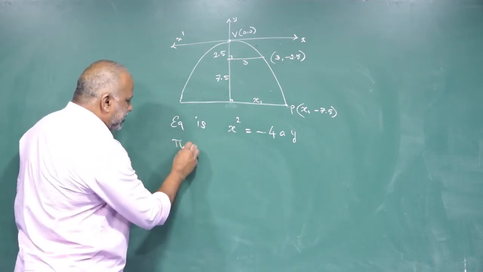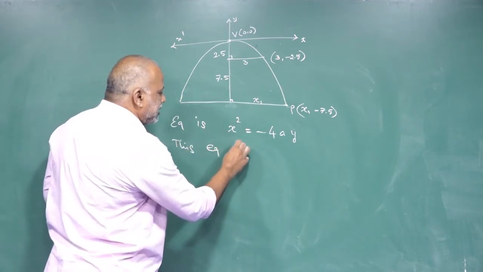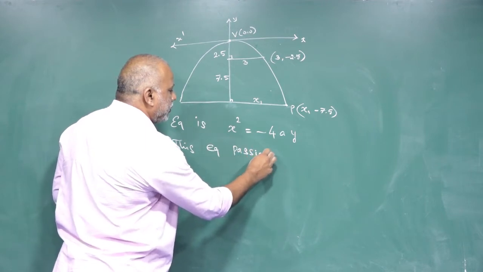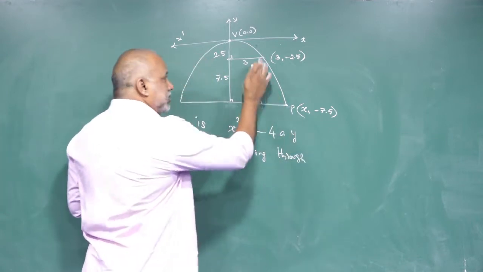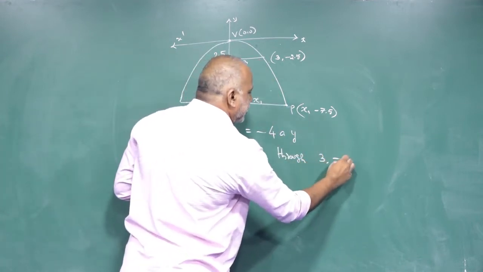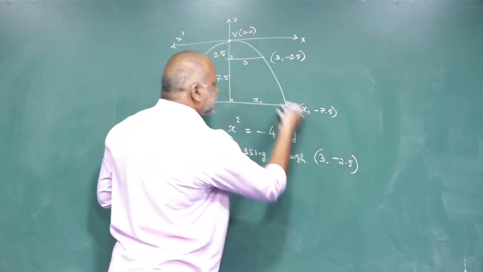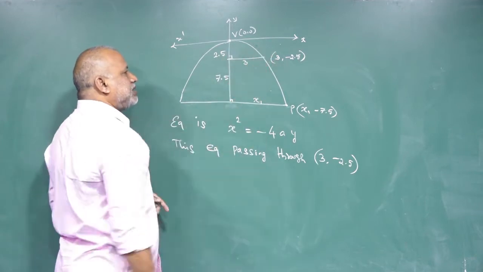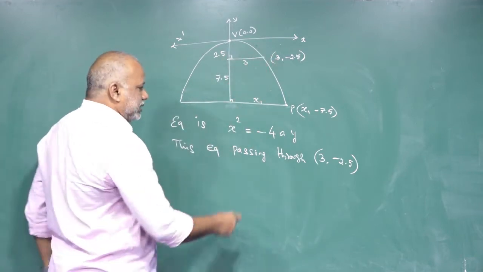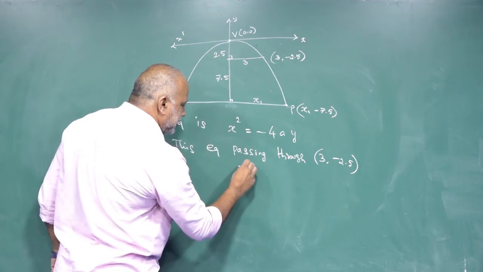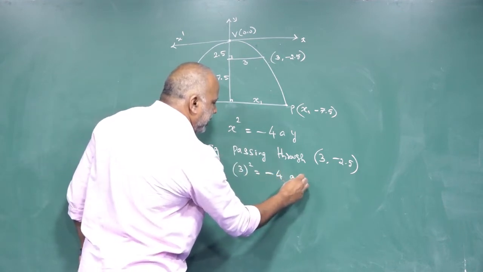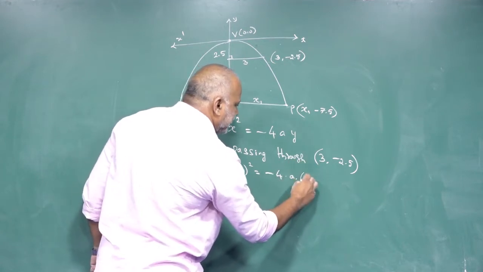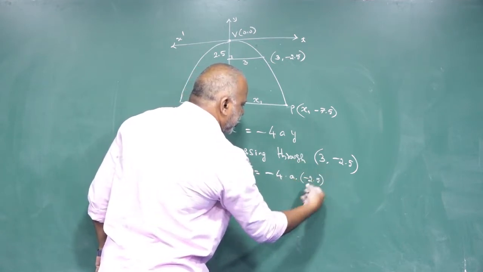Therefore, this equation is passing through 3, minus 2.5. Substitute the value 3, minus 2.5. If you are substituting the value 3, that means 3 squared equal to minus 4, a is unknown, the value of y is minus 2.5.